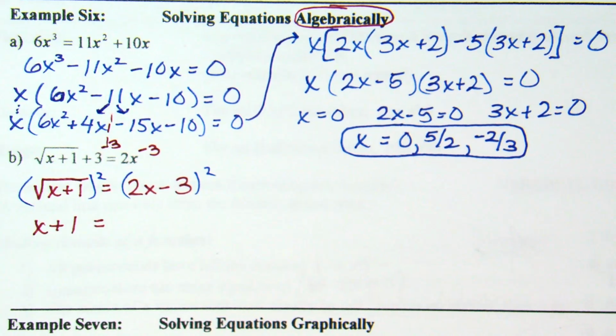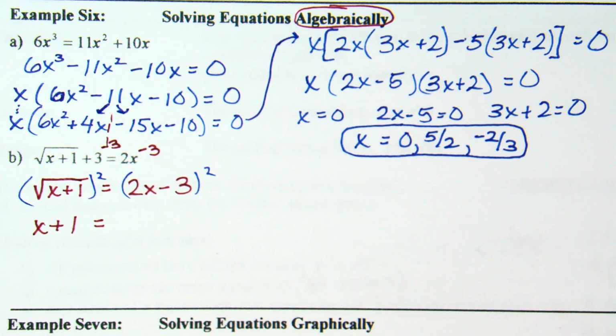What about 2x minus 3 quantity squared? Distribute the squared in there. What do you mean? Square both terms. Square both terms. So what are you going to have? 4x squared minus 9 plus 9.